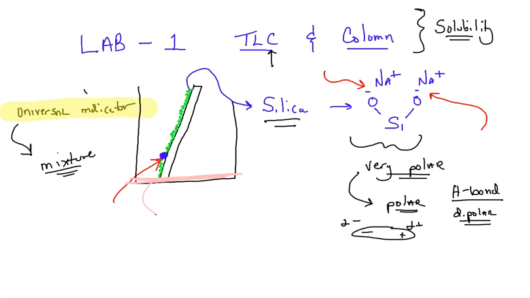Now that solvent, in this case, if we're going to use silica, which is, my friends, a very polar part of the plate, we're going to use something that's generally more nonpolar. Now, why do we do that? Well, we want to give the mixture in the universal indicator a choice to either stay with the very polar backing or move with the nonpolar solvent.